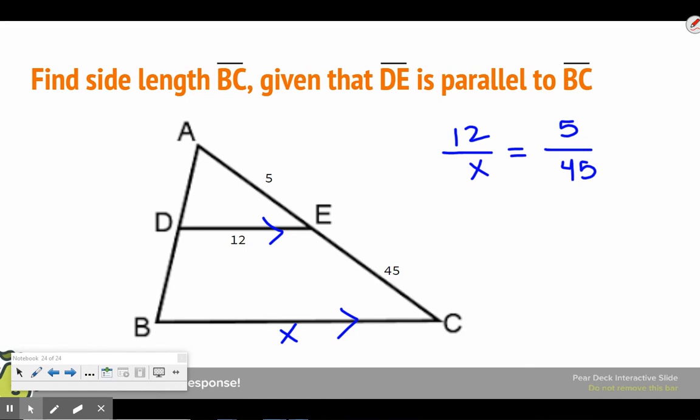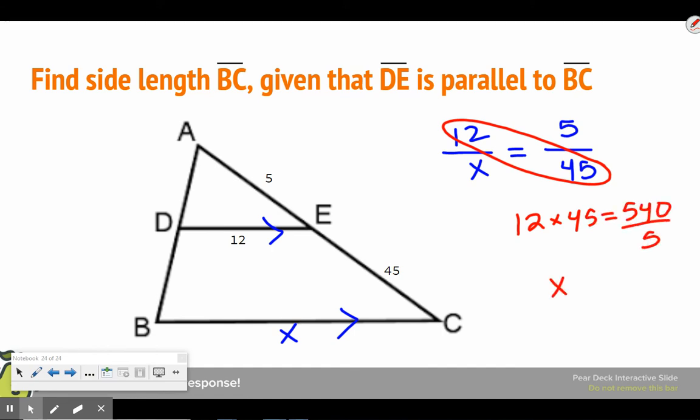Okay, so we can cross multiply. 12 times 45 divided by 5. And we get x to be about 108.